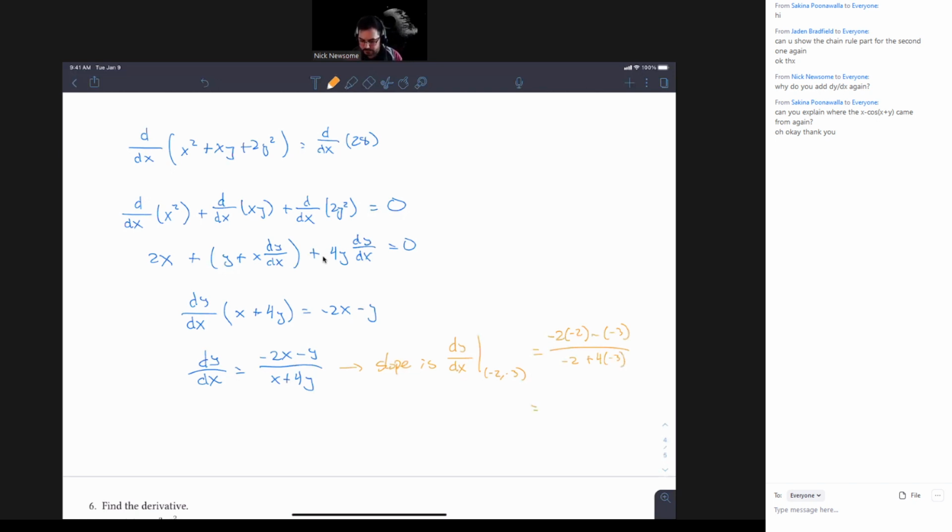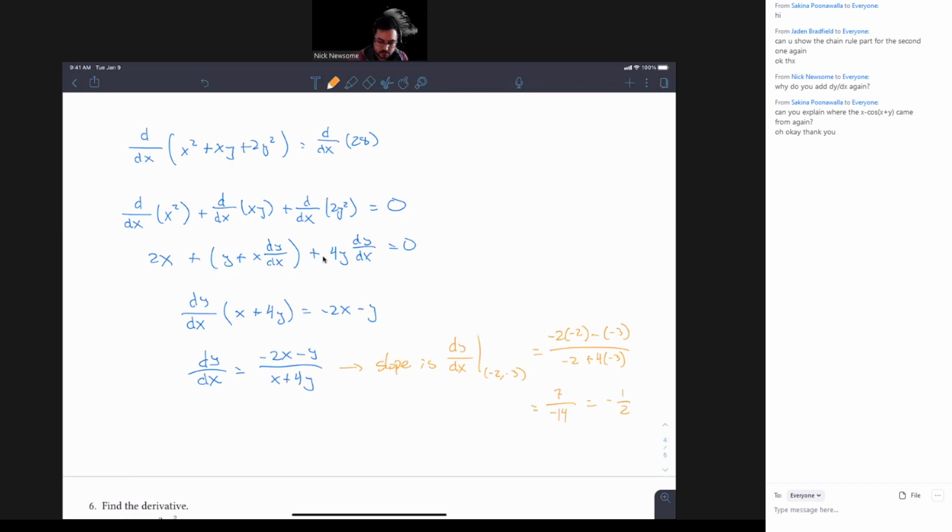And what do we get here? 7 divided by -2, -12, -14. Whoops, that's not right. What am I doing? I should just write it down. No, I'm right. 7 minus 14, also known as -1/2. All right, so that's my slope.